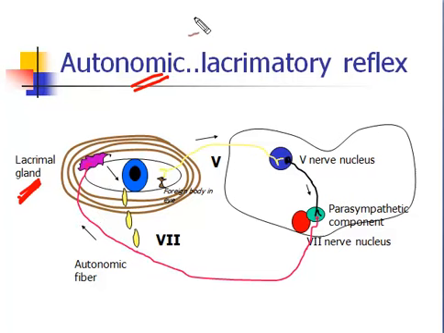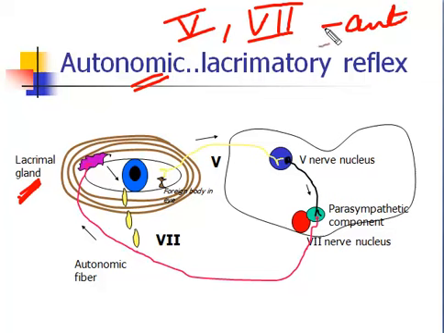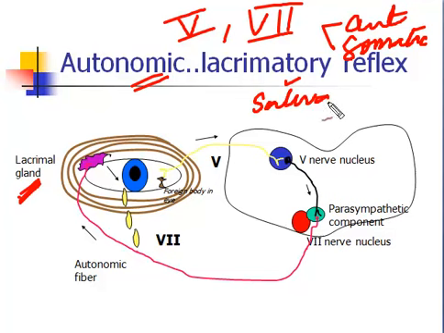So we can see that the fifth cranial nerve and the seventh cranial nerve are involved in both autonomic and somatic reflexes. The autonomic reflexes, one example is the lacrimatory reflex. In some instances, it's also salivatory. Not always. The fifth is not always involved in every salivatory reflex, but it is involved in some.